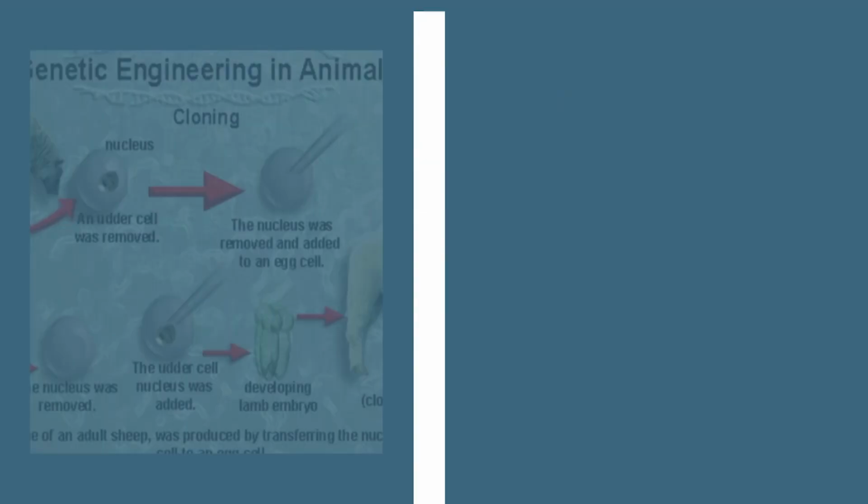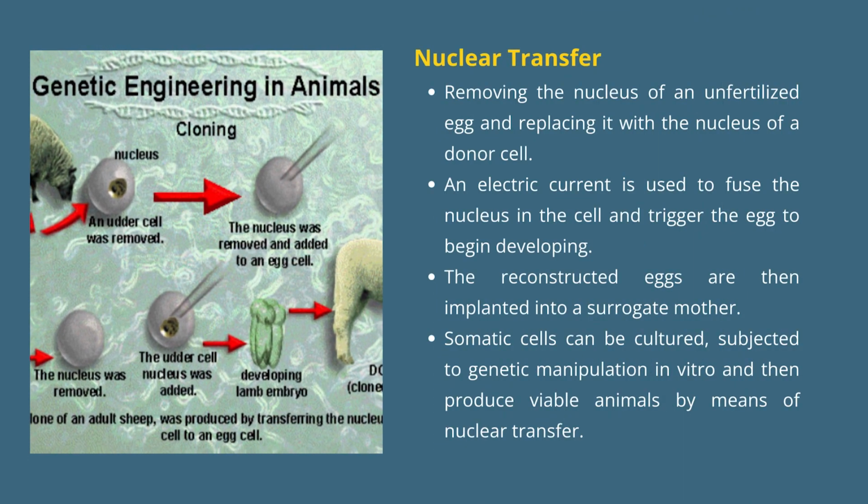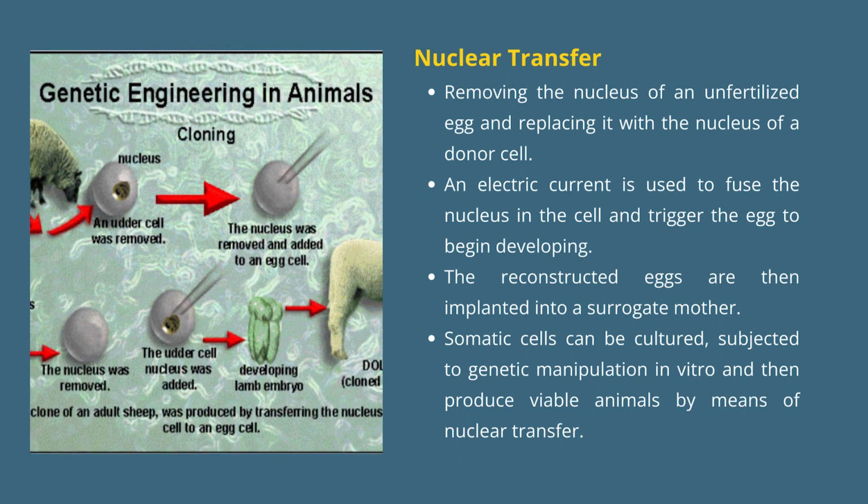Then nuclear transfer, the next technique: removing the nucleus of an unfertilized egg and replacing it with the nucleus of a donor cell. An electric current is used to fuse the nucleus in the cell and trigger the egg to begin developing.